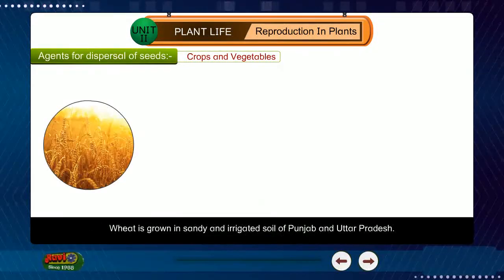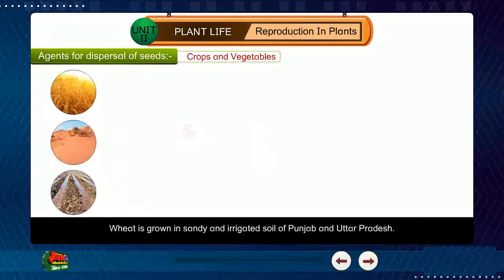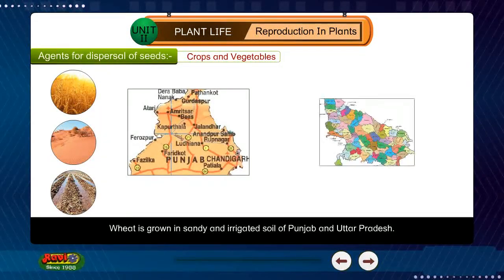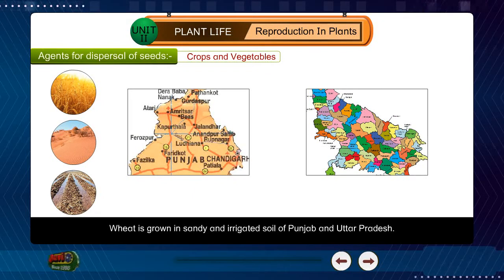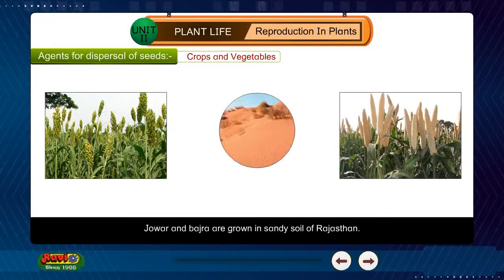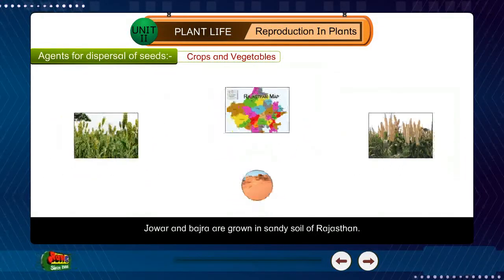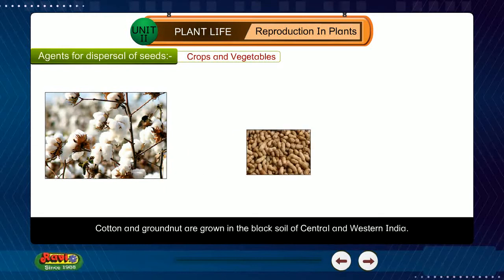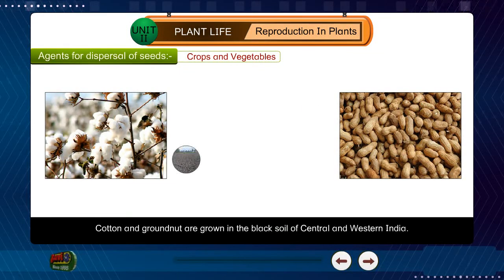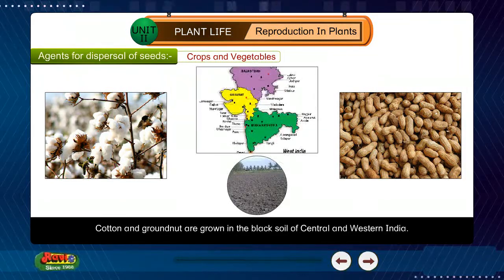Wheat is grown in sandy and irrigated soil of Punjab and Uttar Pradesh. Jowar and bajra are grown in sandy soil of Rajasthan. Cotton and groundnut are grown in the black soil of central and western India.